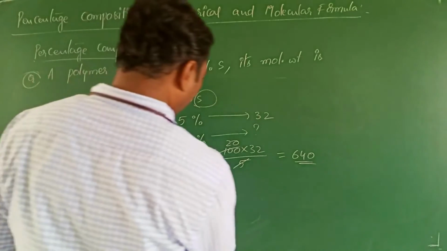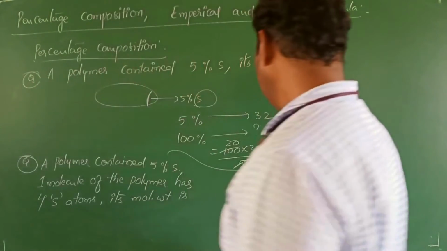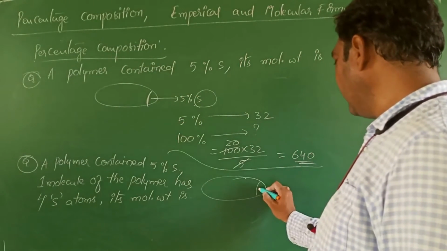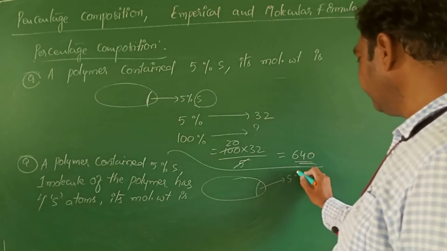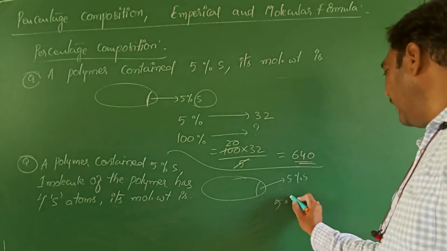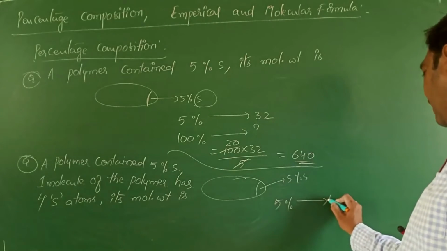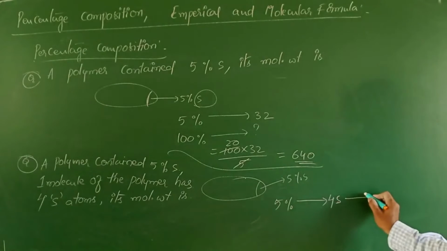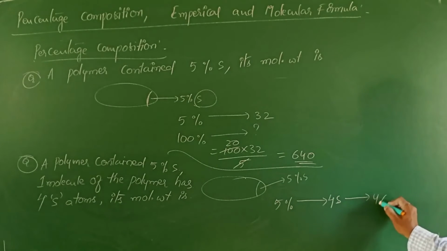Now, with the same model, I am taking this as a polymer. This is 5% sulfur, but this 5% sulfur has 4 sulfur atoms. That means 5% has how many sulfur atoms? 4 sulfur atoms. Therefore, the weight of this 5% will become 4 into 32.